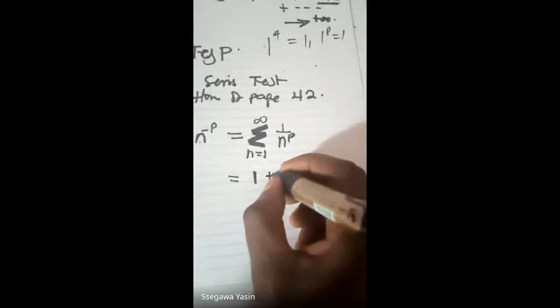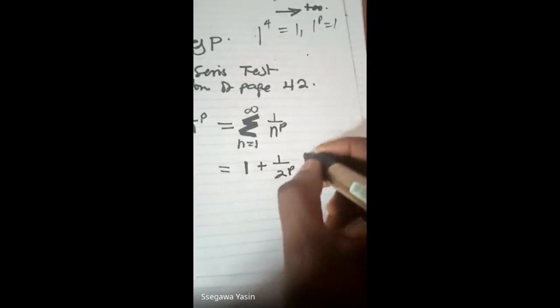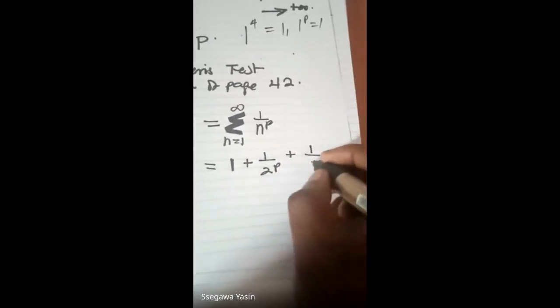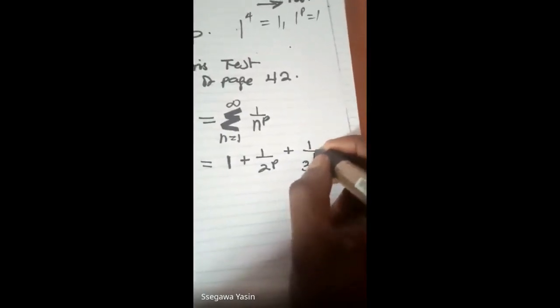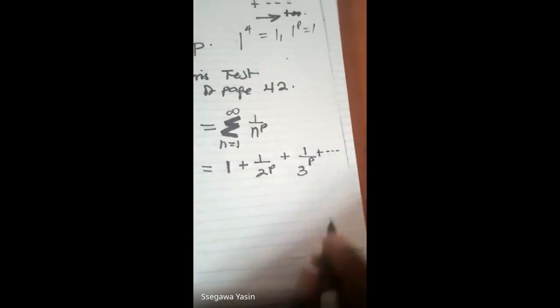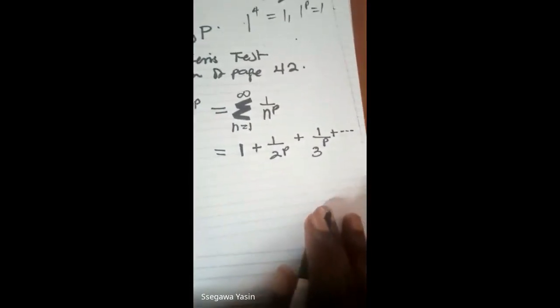So don't get confused over what you are substituting in. Plus, when it is 2, I'll get 1 over 2 to power p. This is 1 over 3 to power p when it is 3, and all other terms.